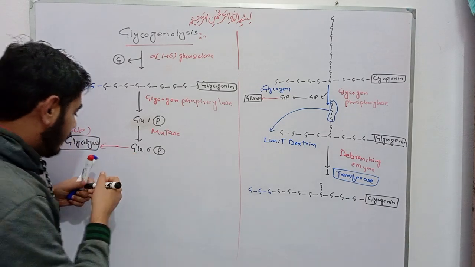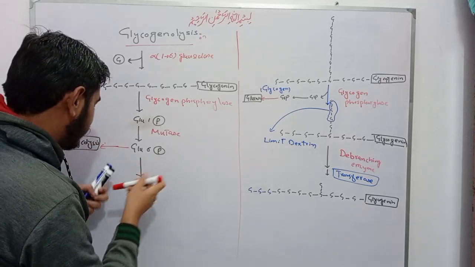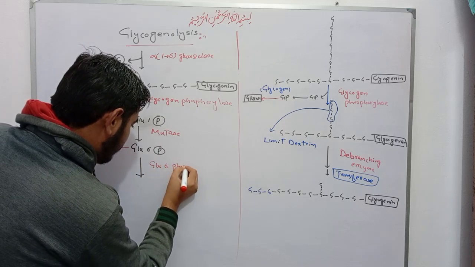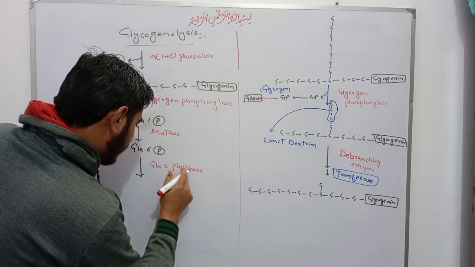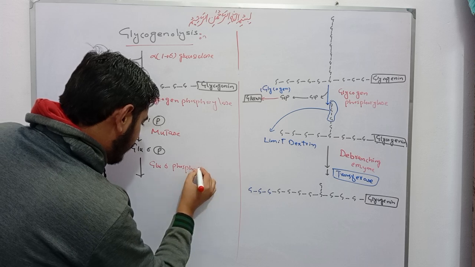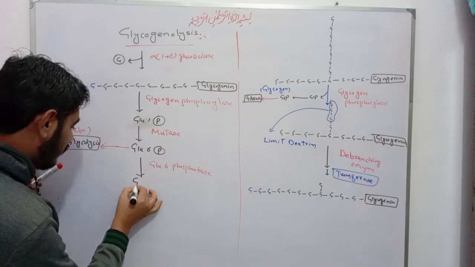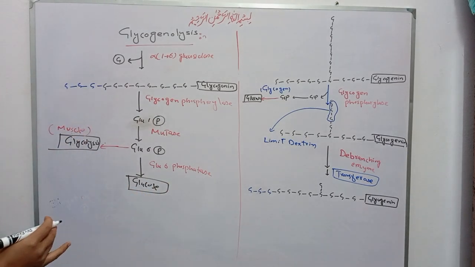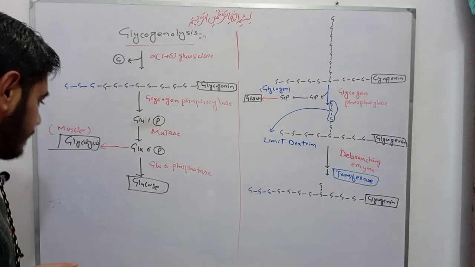While in liver, with the help of glucose 6 phosphatase enzyme, it converts ultimately into glucose in liver. In this way, the glycogen breaks down into glucose.